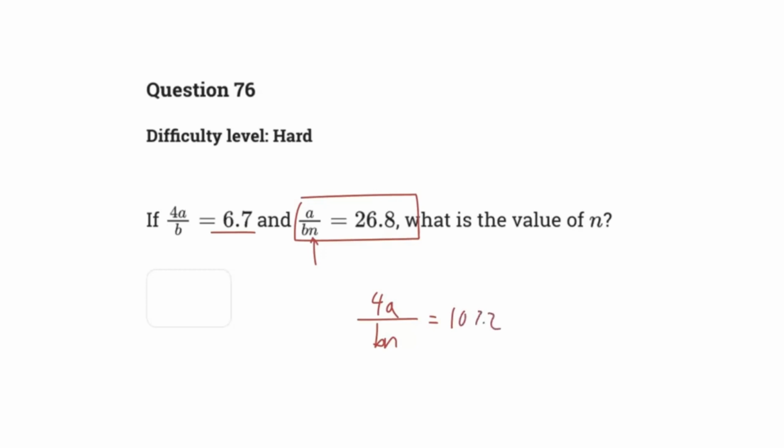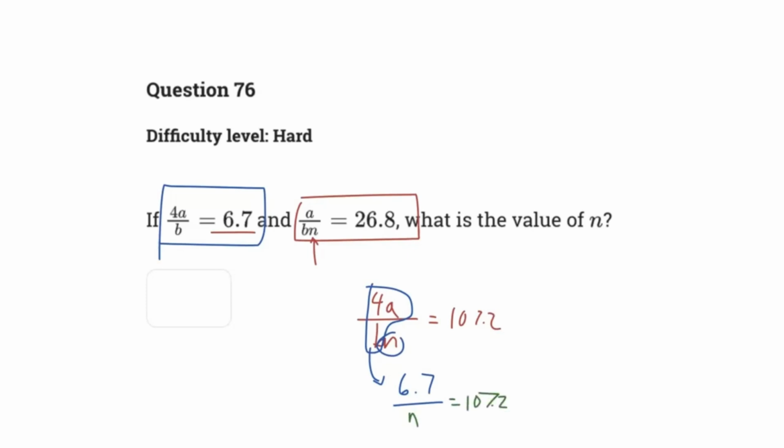All right, so now it's just time to simplify. What value of n would make this true? Well, because we don't actually know what the value of a or b is, we have to infer that based on our given information. We know 4a over b is 6.7, and we have 4a over b in our equation. So this simplifies to just 6.7 over n, which is equivalent to 107.2.